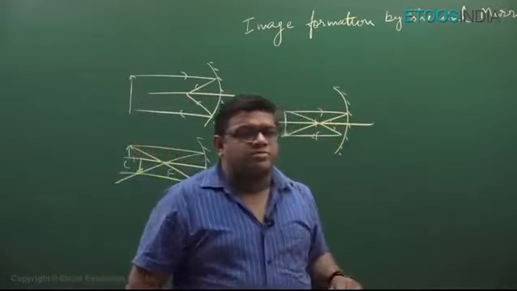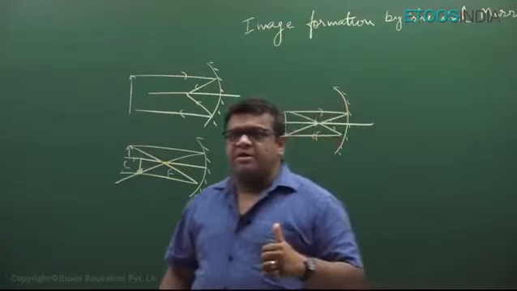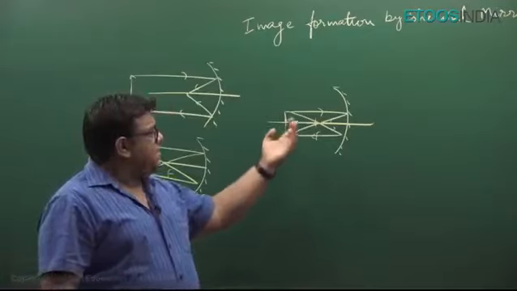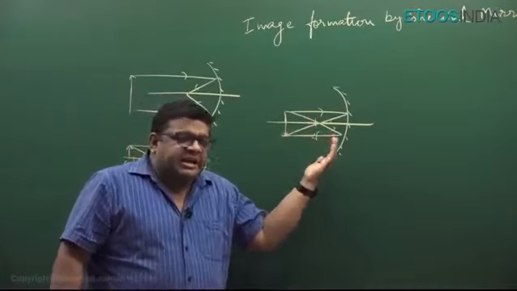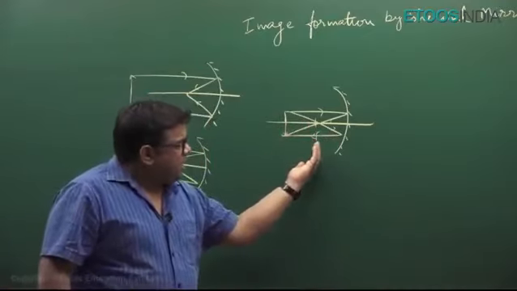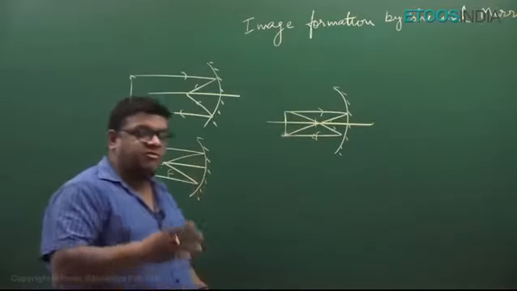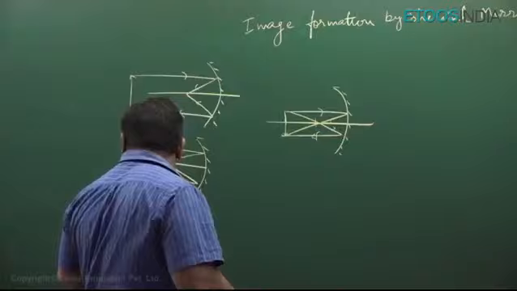One more thing we observed was, as we bring the object towards the mirror, the size of the image formed is increasing and it is shifting away from the mirror. Got it? Today we will discuss the fourth position, when the object is placed between C and F.